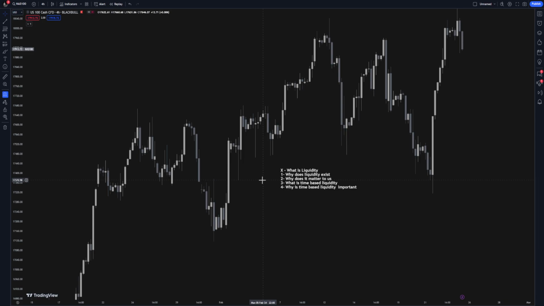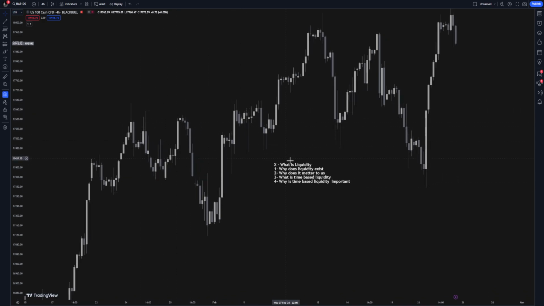We want to buy where buy stops or sell stops are taken, because if we were in a buy position, in order for you to get out, your position needs to be sold. That's why it matters to us.